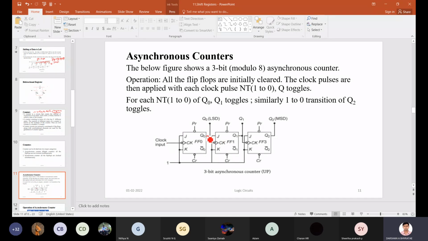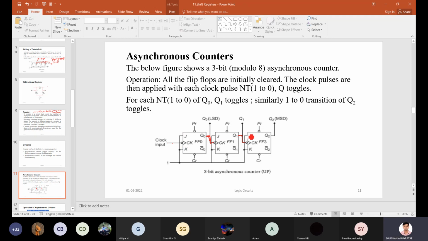The connection is missing actually, but this connection will be there. The output of the first stage I connect to the clock signal of the second stage. Again, the output of the second stage I connect to the clock signal of the third stage. But here I am applying the clock only to the first stage.